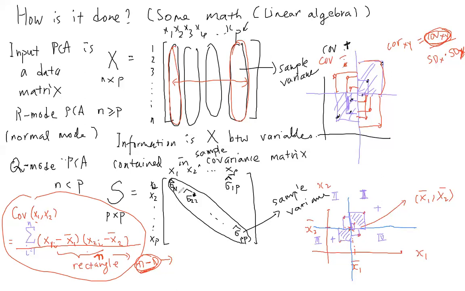Of course the diagonals here would just be the sample variance. Like in this case, this will be just, you subtract this. Sorry, you don't have 2, you only have 1. So 1 square and n.